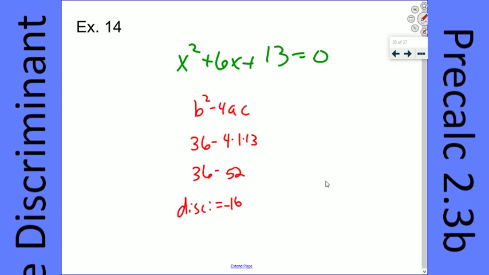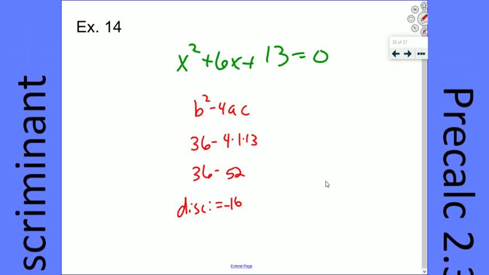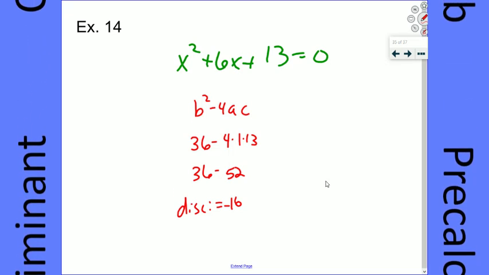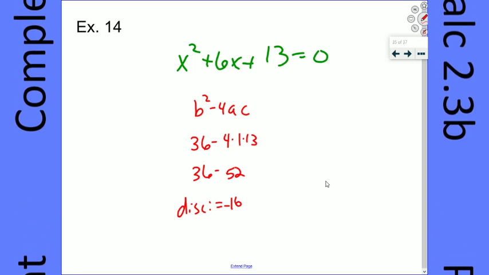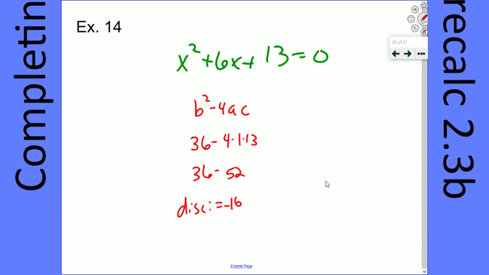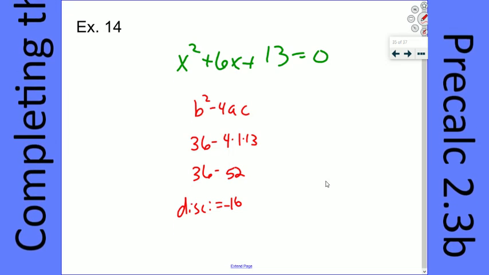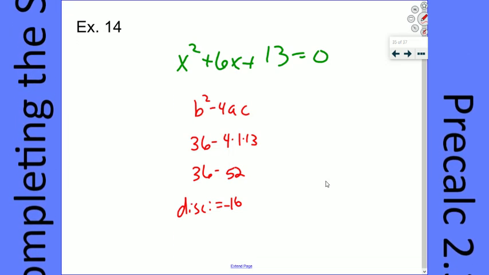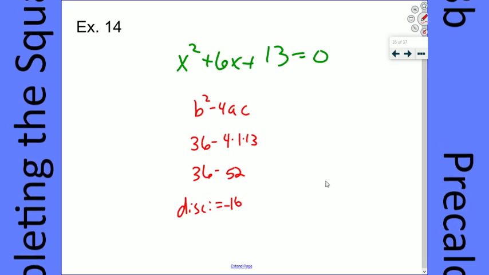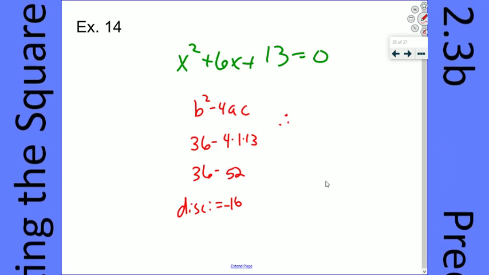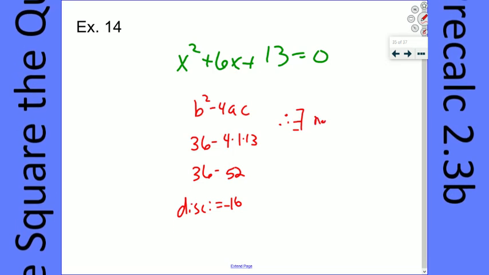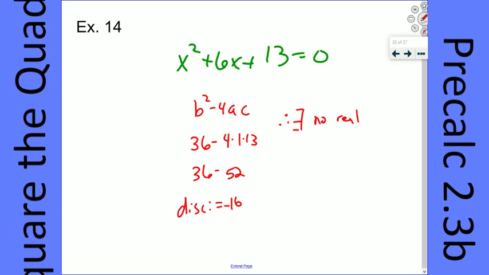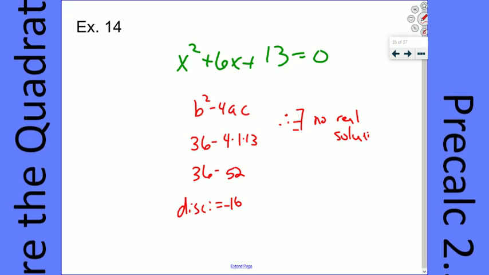All right, welcome back. So by using the discriminant, if we take b squared, so 6 squared is going to be 36, minus 4 times a times c, 4 times 1 times 13. 4 times 13 is going to be 52, so 36 minus 52 is going to be negative 16. Because our discriminant is negative 16, we can say, therefore, there exist no real solutions.